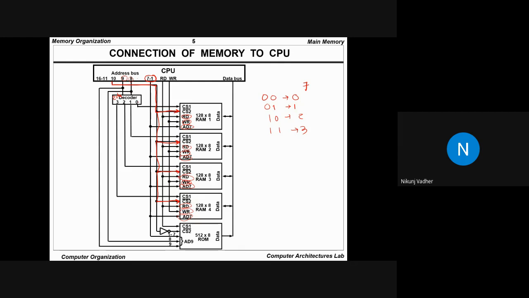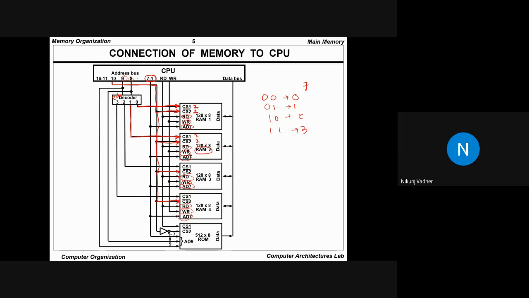If it is 0 0, we get output from here, so this will be 1 and this will be 1, so this RAM chip will be selected. If we give 0 1, we get output from here, this will be 1, and chip select 2 complement will also be 1, so RAM 2 will be selected.